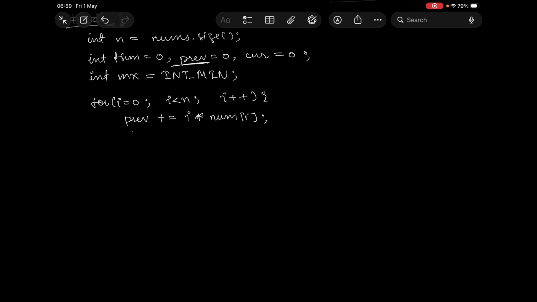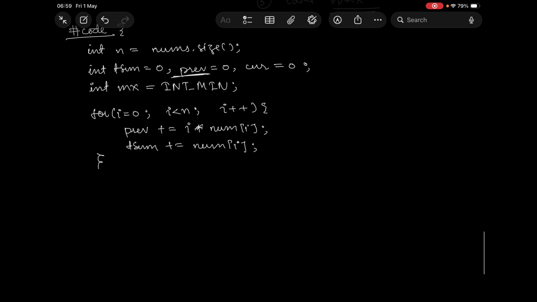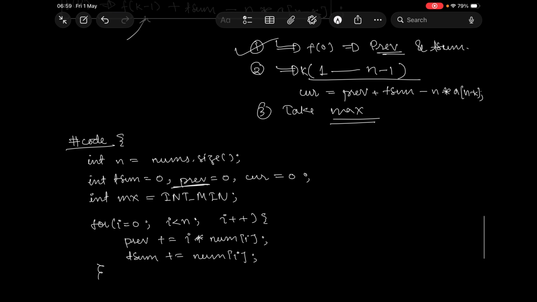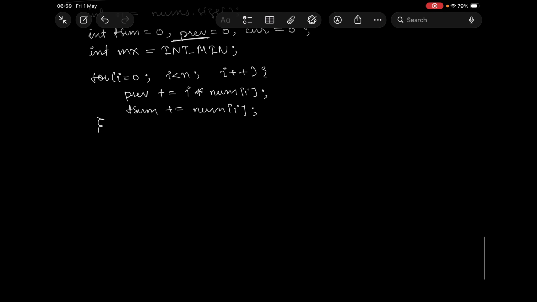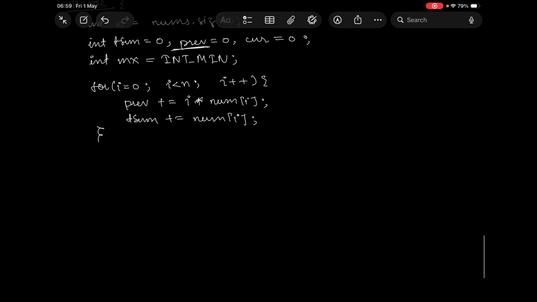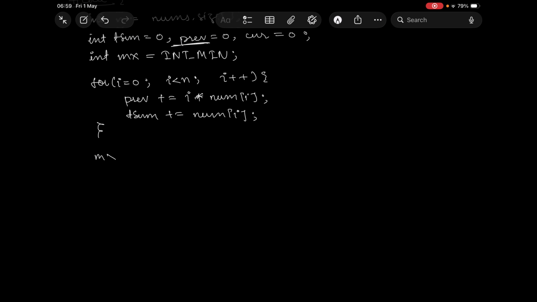In the same loop, we can calculate our total sum as well, which is nothing but plus equal to nums of i. Now we have calculated our previous value and total sum. Since f of 0 can also be one of our answers, we write max equal to max of mx comma f of 0, which is previous.